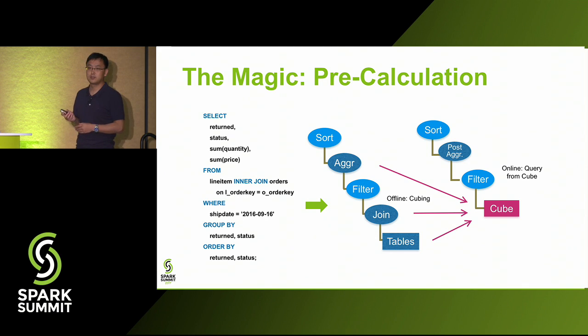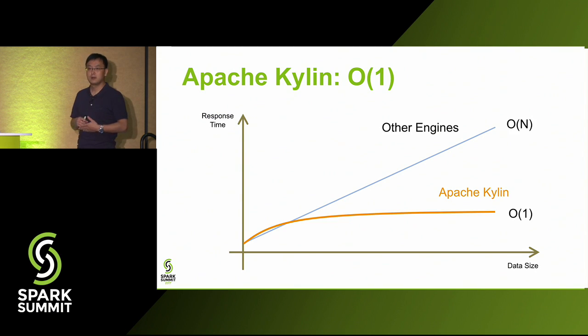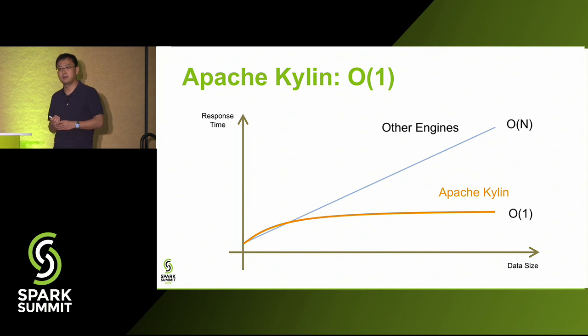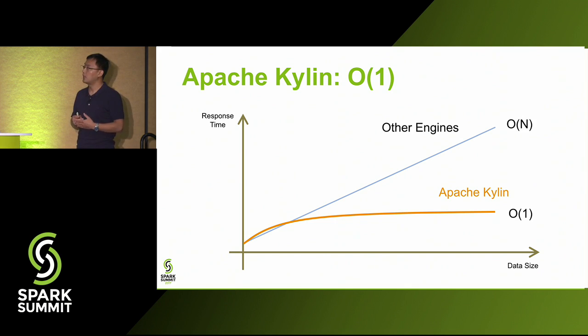And look at the cube. Actually, the cube size is determined by the cardinality of your dimensions instead of by your source data. Then we see Kylin is an OLAP cube whose time complexity is close to O(1), while other engines don't have pre-calculation.